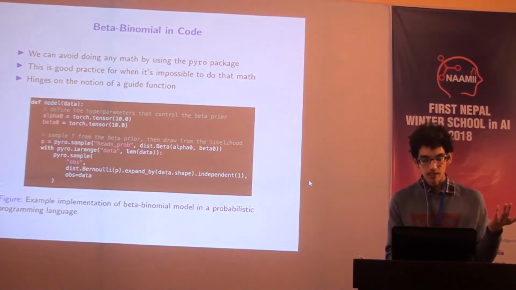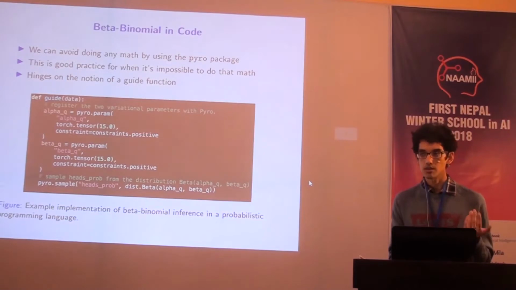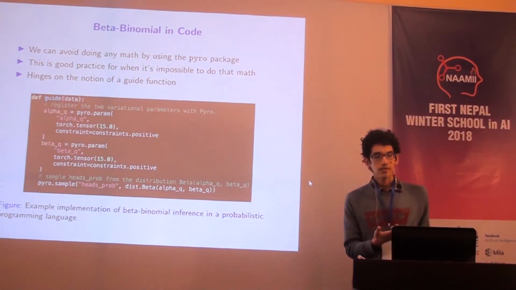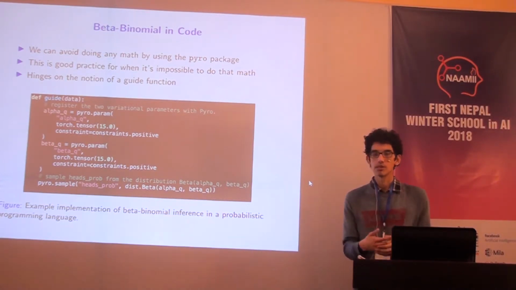So okay, it's nice that you can define a model, but what you really want to be able to do is define a posterior, right? Or identify your posterior. And what's cool here is that you don't even need to tell this package the closed form formula for the posterior.